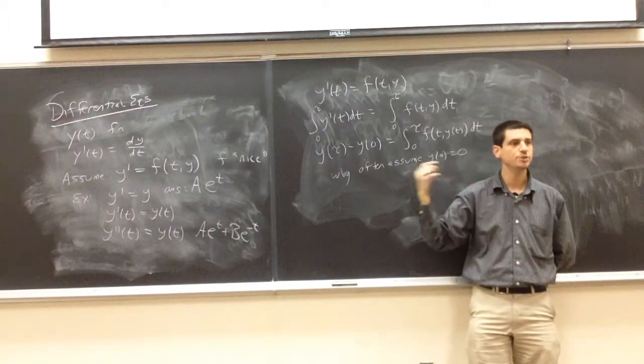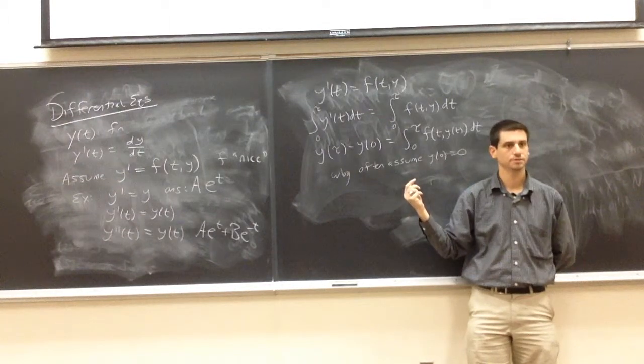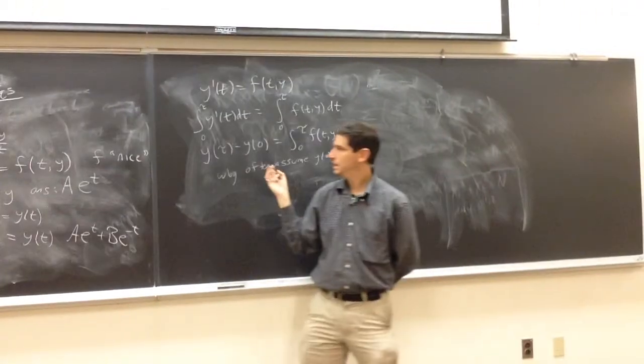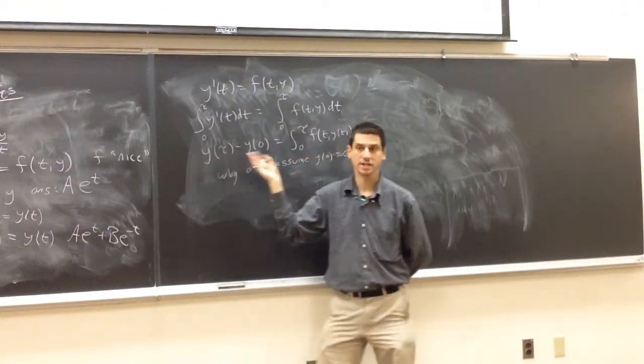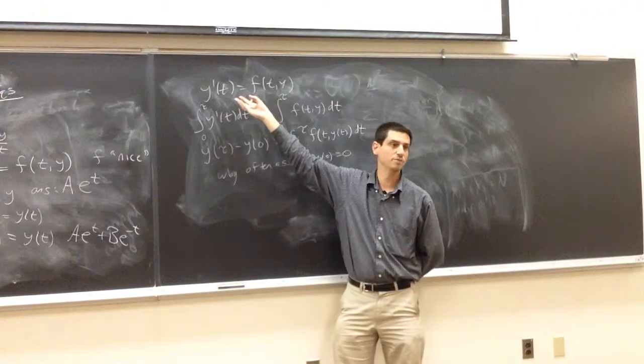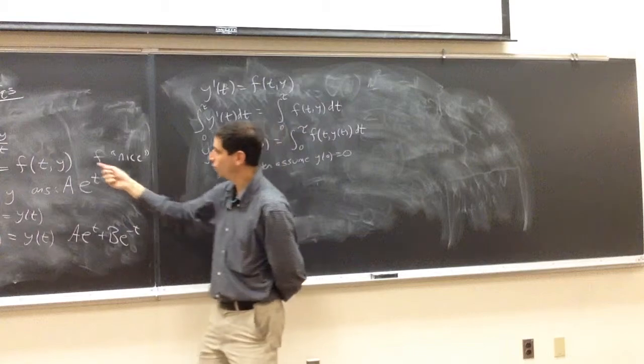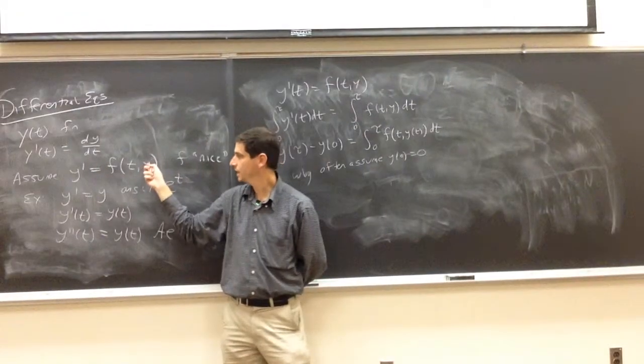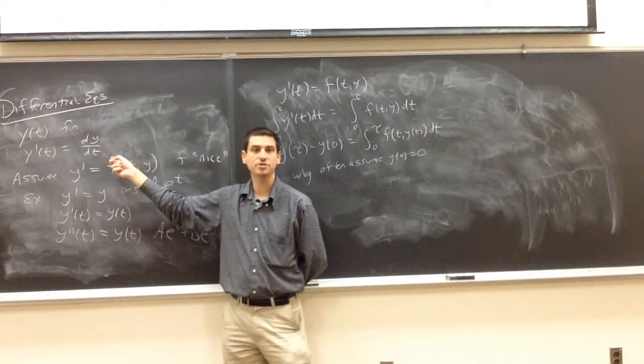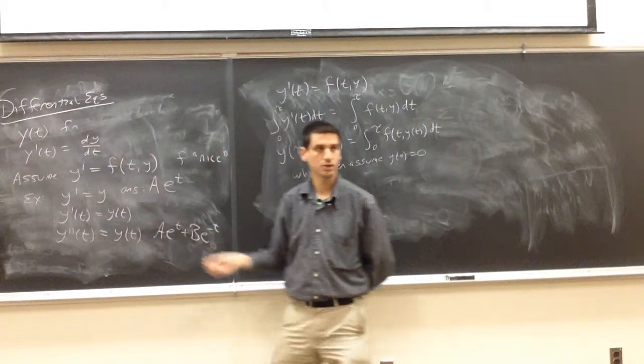Is it a big deal to assume y of 0 equals 0? I'm just translating the function y. Is that going to affect greatly y prime of t? No, it's not going to affect y prime of t. Now, if I replace y with y minus 5, I can fix that by just changing my function f in a very nice way.